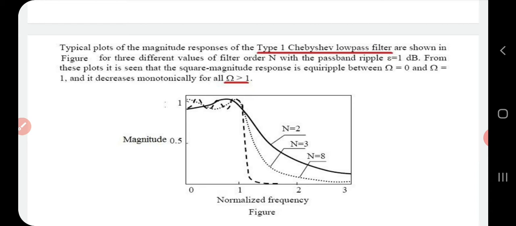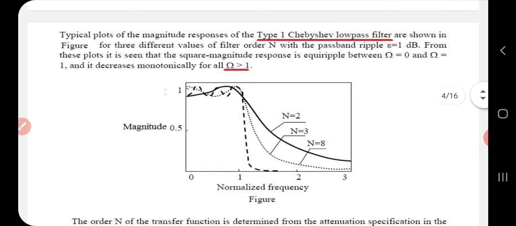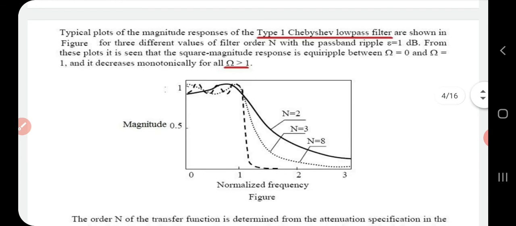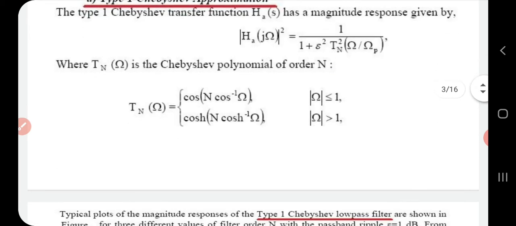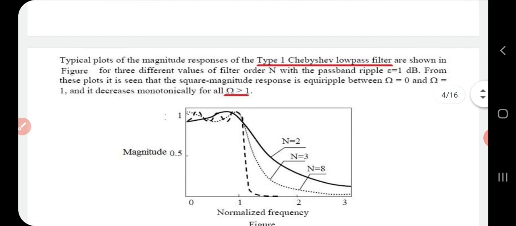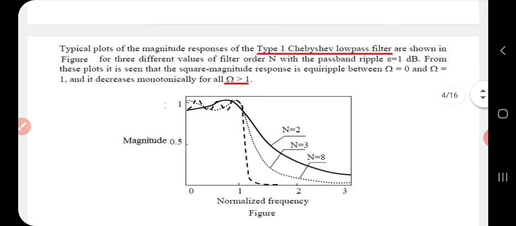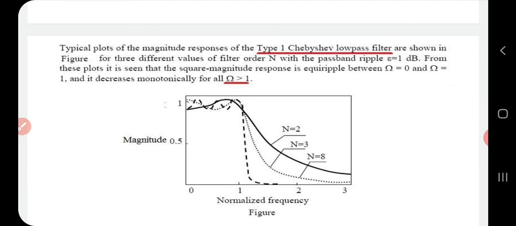And that is the figure for three different values of filter of order n with the passband ripple. Here this epsilon, that is passband ripple, as I already said, is taken as 1 decibel. So from these plots it is seen that the square magnitude response, this is also called by the name transfer function, is equiripple between omega equal to 0 and omega equal to 1, that is in this region.